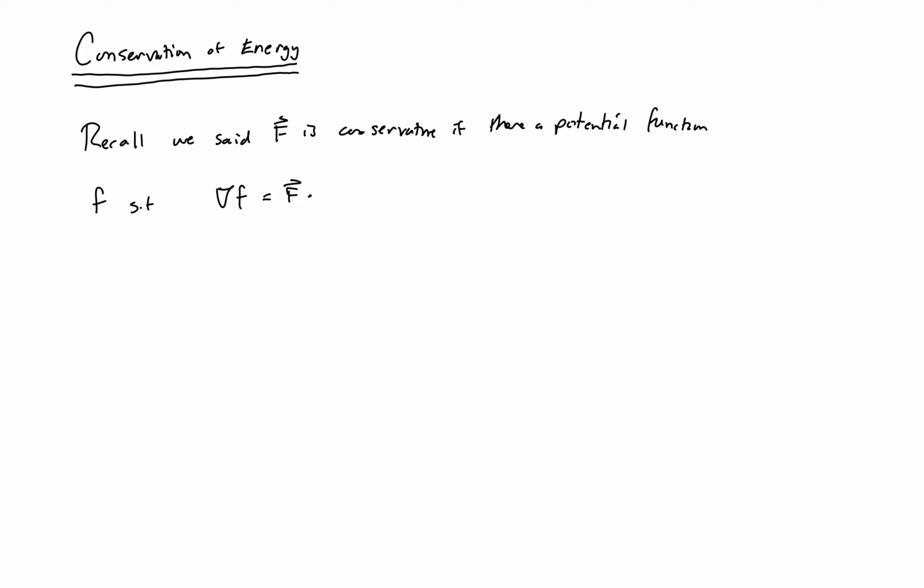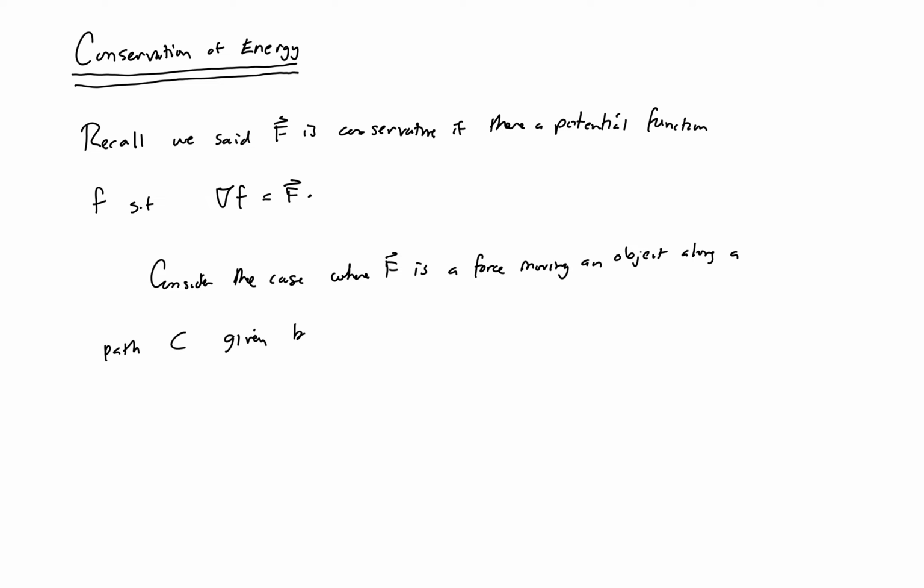So now let's consider the case where F is a force moving an object along a path C given by, say, some parameterization r of t, where t goes between a and b.